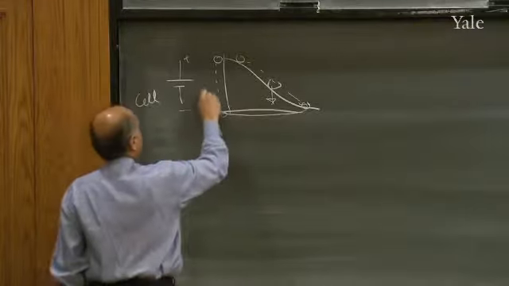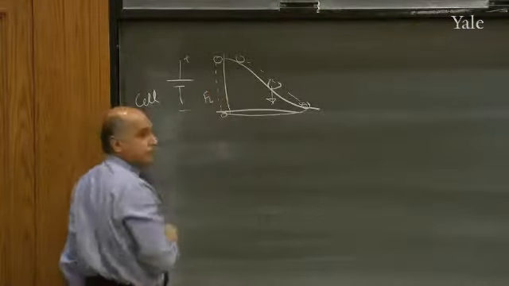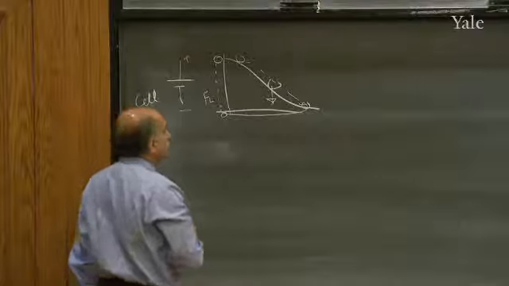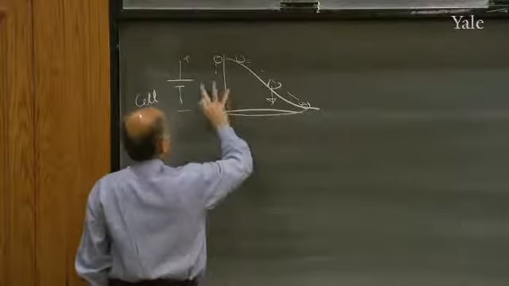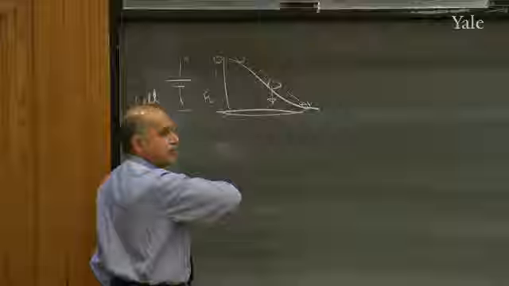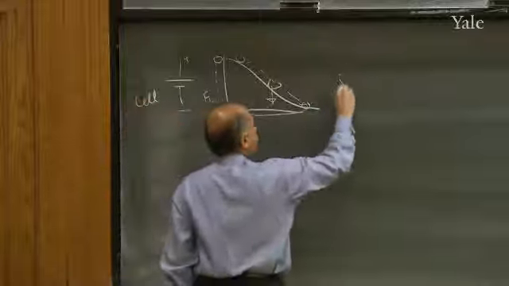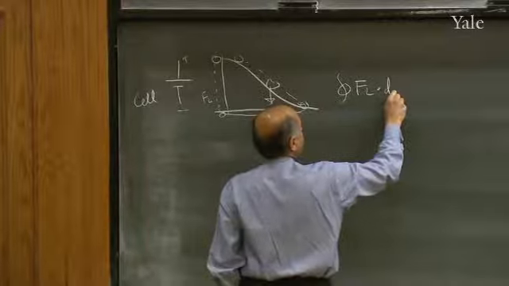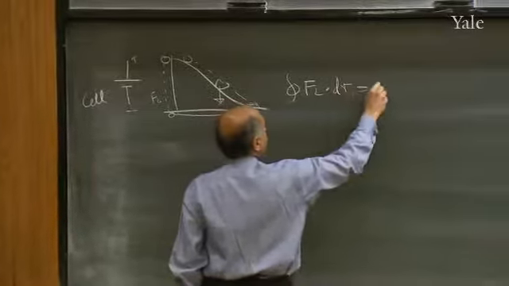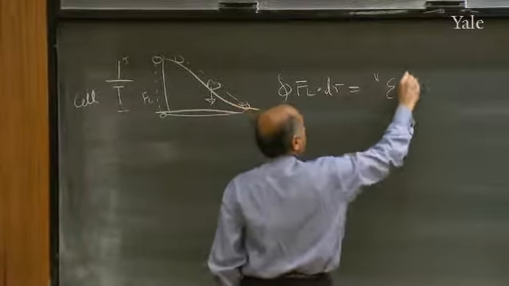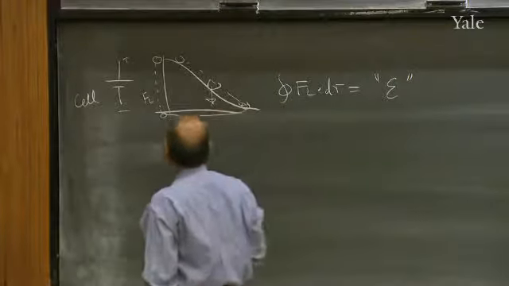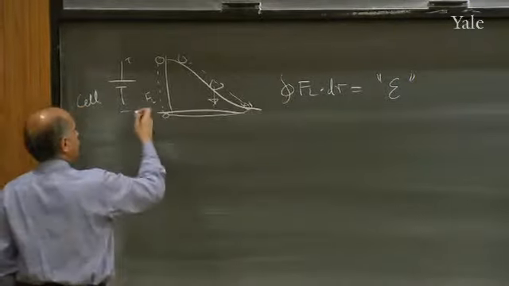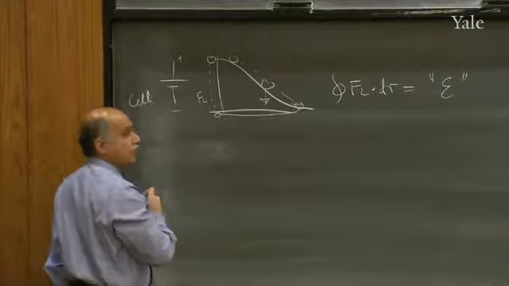Let's call it the force of the lift. The force of the lift has nothing to do with gravity. It's driven by some other engines and so on. And we define the line integral of the force of the lift on the closed loop to be something called curly E. That's the mechanical analog of what's called electromotive force.